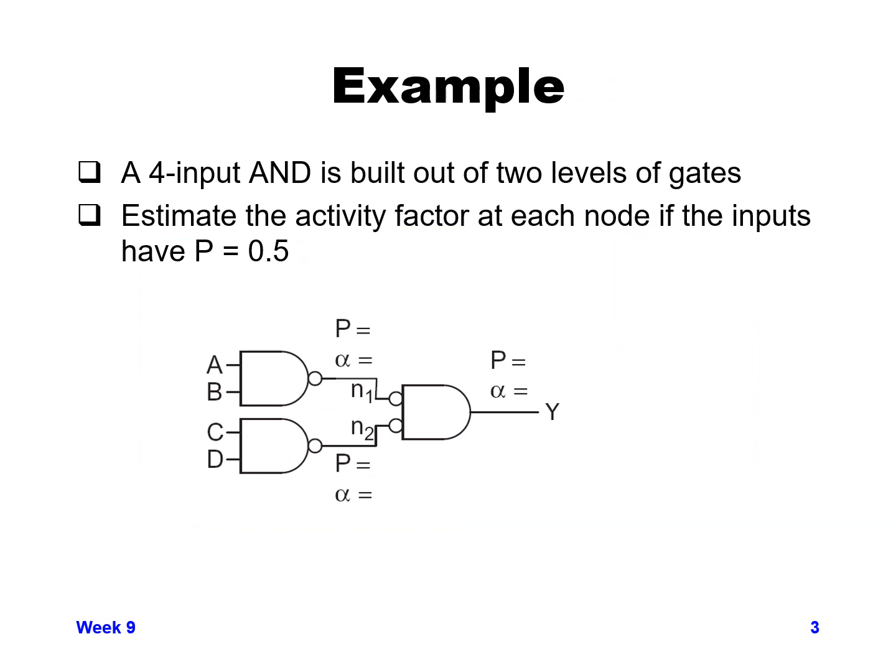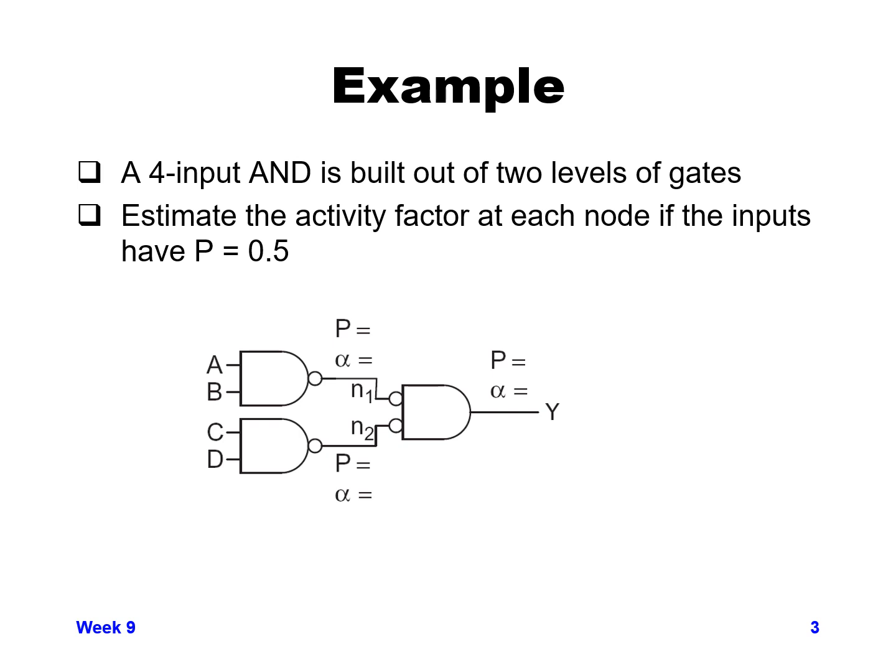Let's go through an example of calculating probability and activity factor based on a multi-stage function here. Our example is a 4-input, overall 4-input AND function, and we're building it out of 2 levels of logic gates.